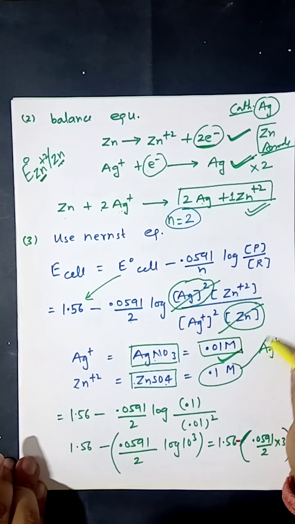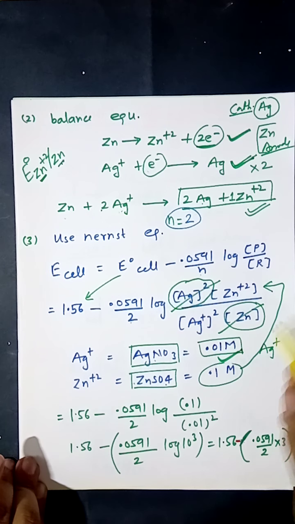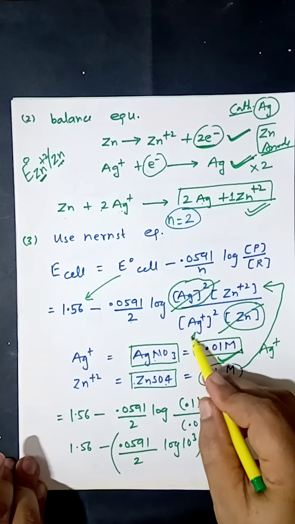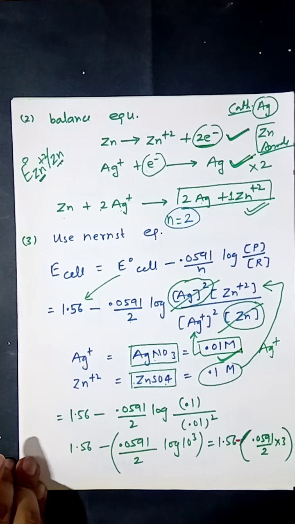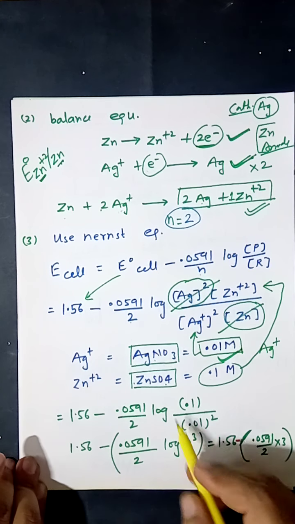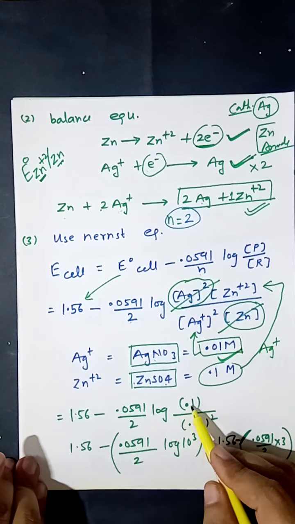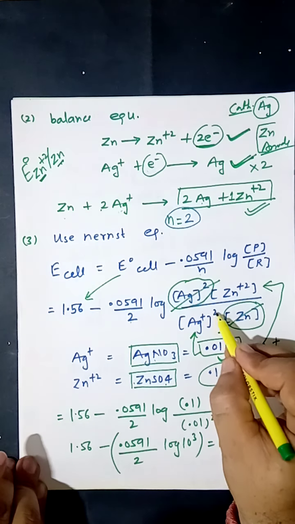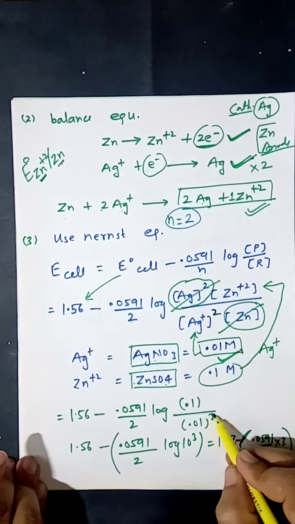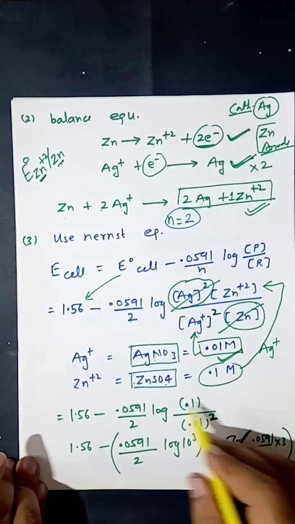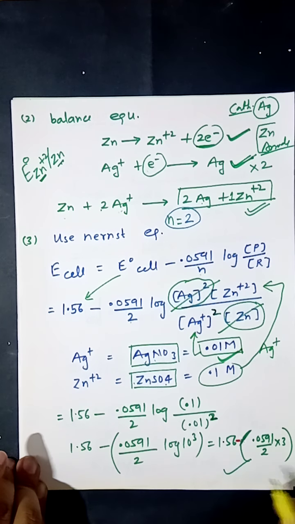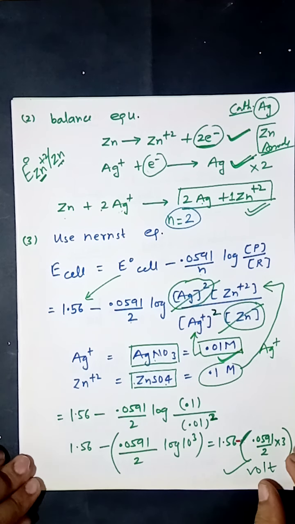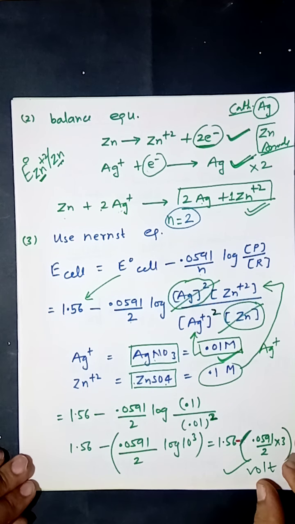Zn2+ is 0.1, and this is 0.01 for the silver ion. When you place them in the equation, you get 0.1 for zinc and 0.01 for silver. As per the formula it is power 2, so you can see power 2 here. Solve it and you will get the answer. The unit will be volt. So in this way you can use the Nernst equation.